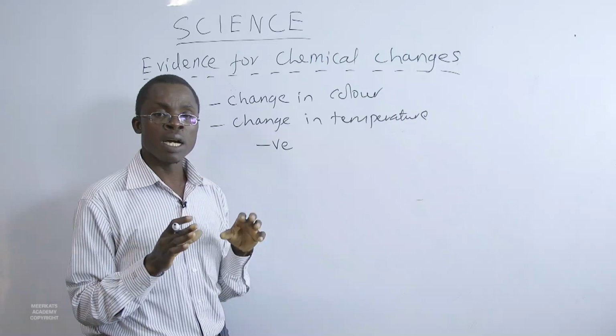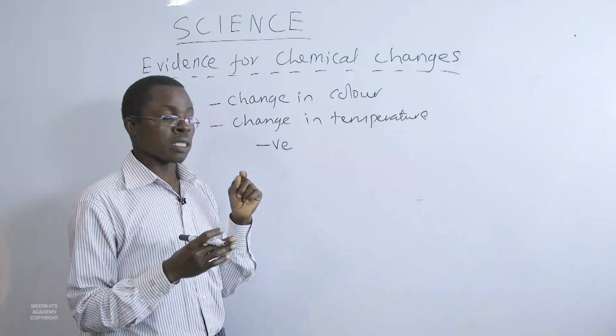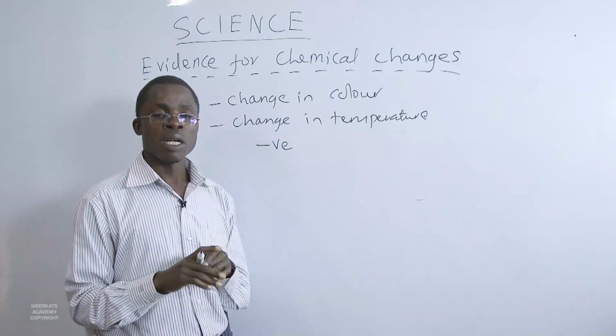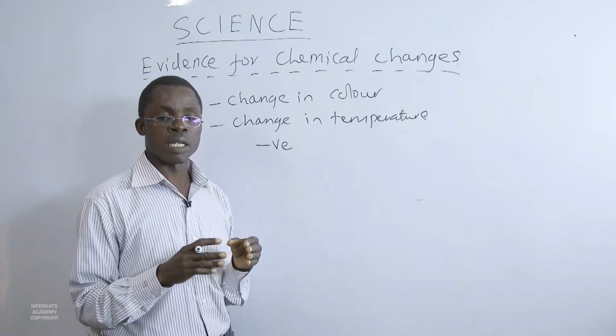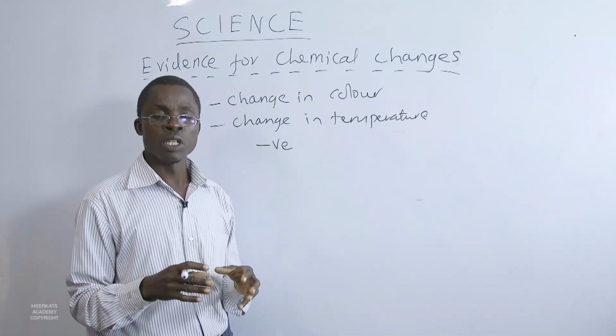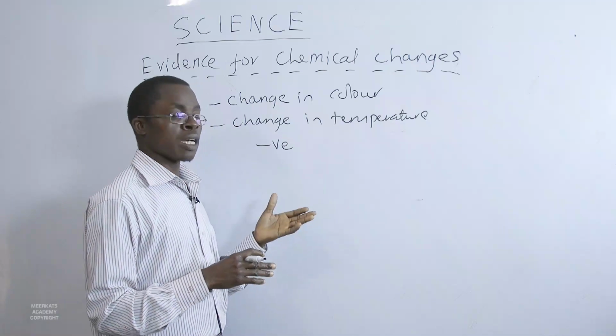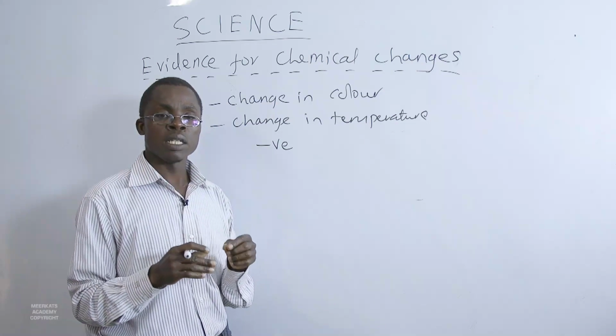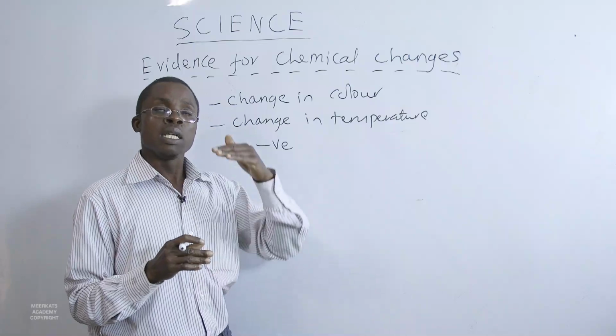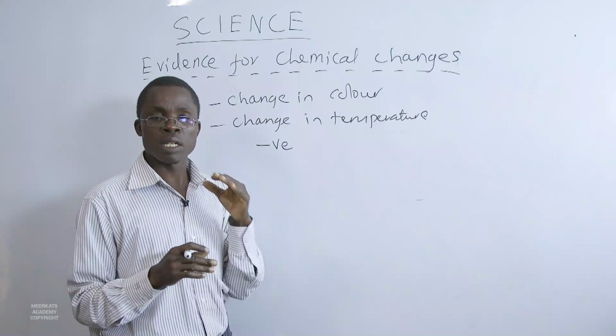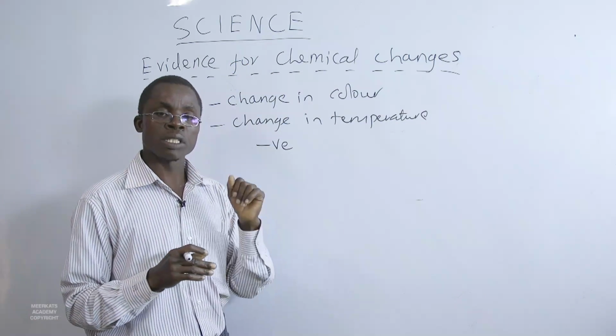So I'm introducing here another aspect. As much as we are talking about change in temperature, there is a sign that you have to use to show that the reaction led to a change in temperature that is increase in temperature, or a change in temperature that is a reduction in temperature.